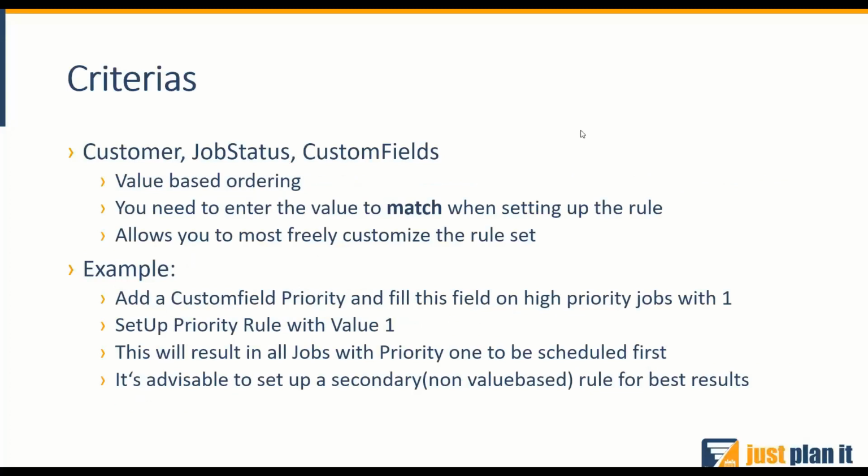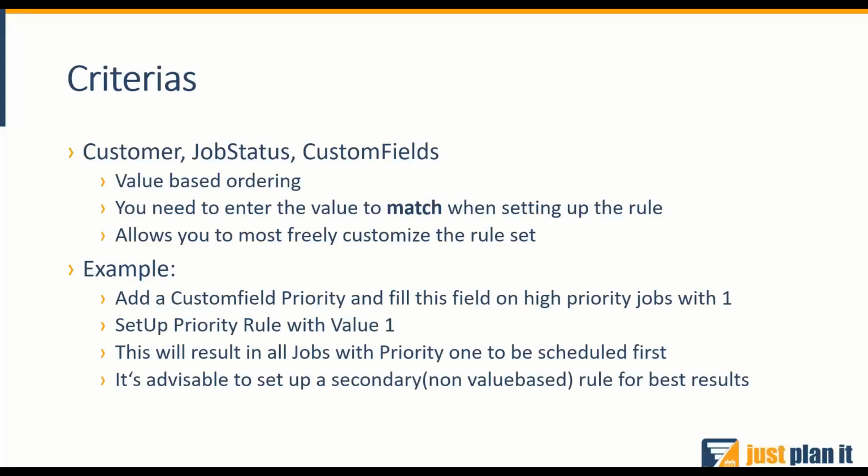Other criteria that you have available to you are the customer field, the custom field that you can add yourself, and the job status. These are doing value-based ordering. What do I mean by value-based? I'll go into that in the example down below. When you select a customer field or a custom field for the criteria, you will need to enter a value to match when setting up the rule.